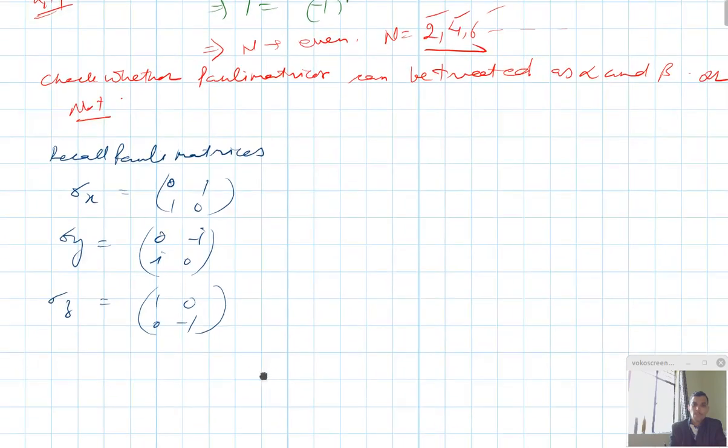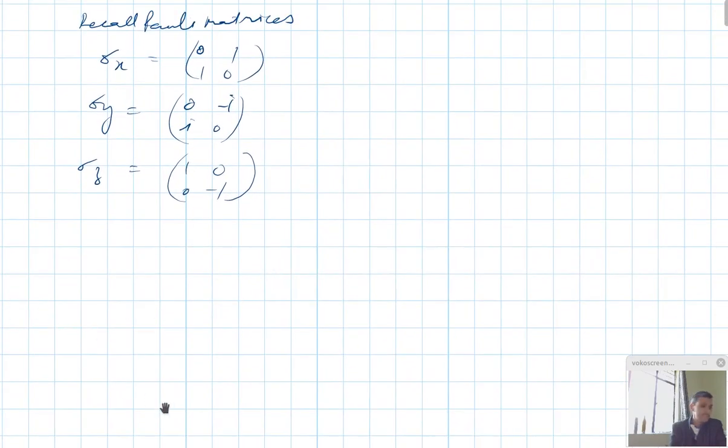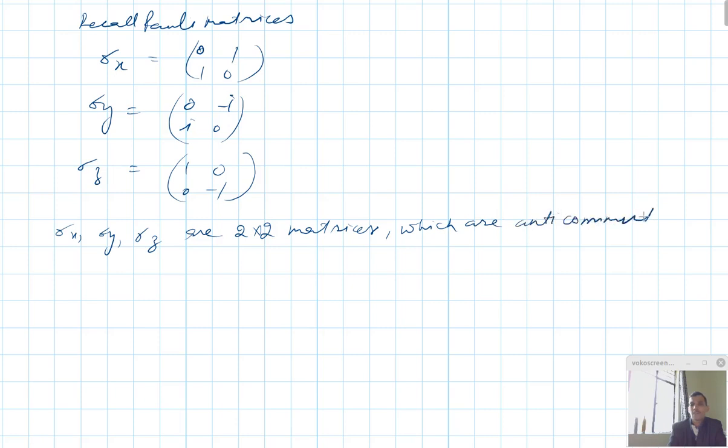So here sigma x, sigma y, sigma z are 2 by 2 matrices which are anti-commuting with each other, and their square is unity.